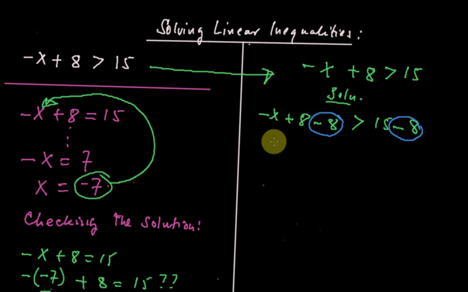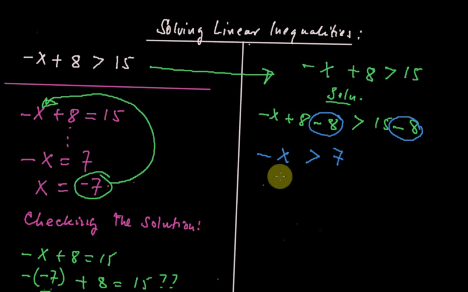Now this gives us negative x is greater than 7. This is what we got here. But we said now we want to make this x positive. This x has to be made positive.